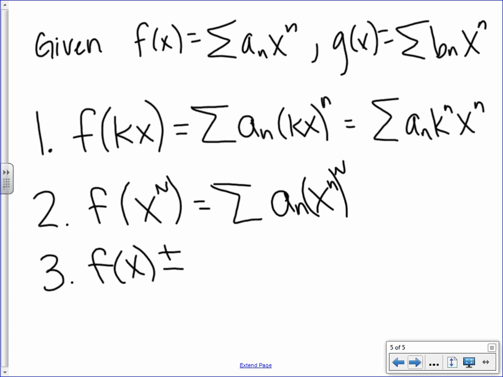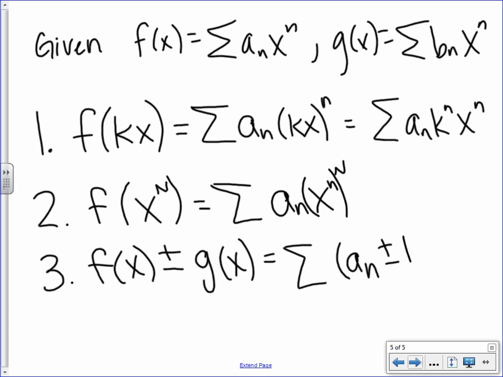If you have two power series that are being added or subtracted, you can combine them to be one series.